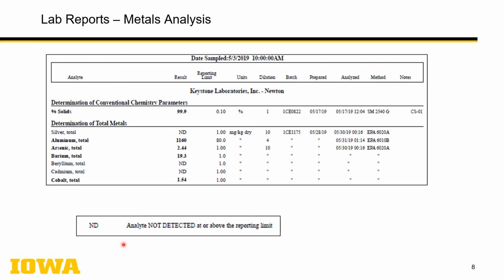In this particular one, it was not overly helpful. They just stated that the ND is the analyte not detected at or above the reporting limit. Okay, so there's that RL, reporting limit. But as you can imagine, given what we've just discussed, they don't define the reporting limit in terms of an LOD or an LOQ.